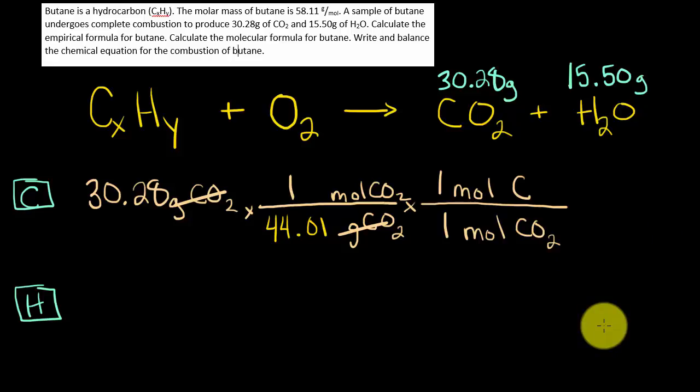We would have 1 dozen noses, because there is 1 nose on 1 person. For here, we have 1 carbon in CO2. So if we have 1 mole of carbon dioxide, then we will have 1 mole of carbon. And so we're able to convert from moles of carbon dioxide to moles of carbon.